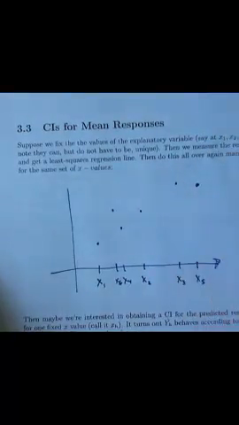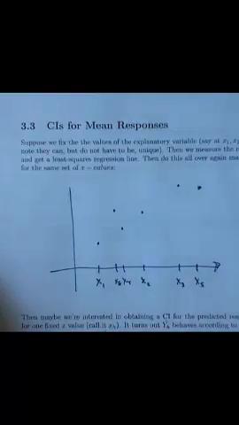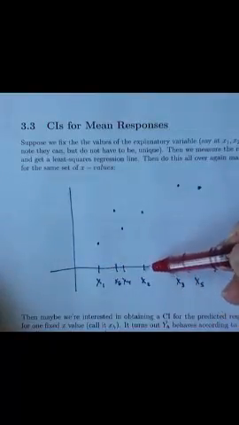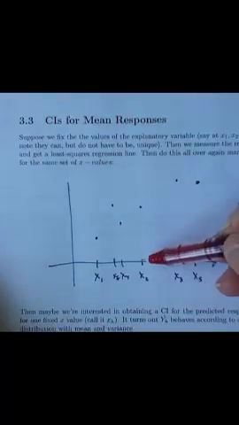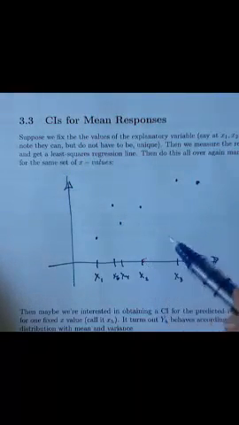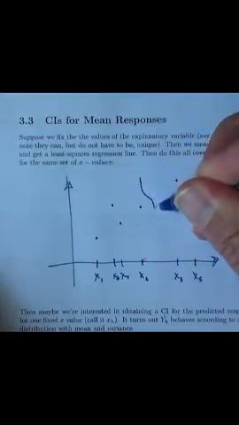The idea is you want to predict the average response, right? If you're conditioning on observing a value of the independent variable down here, maybe at this mark, you want to know where the average value is.